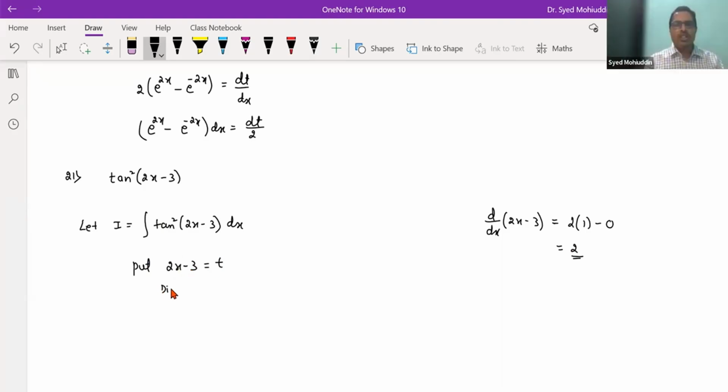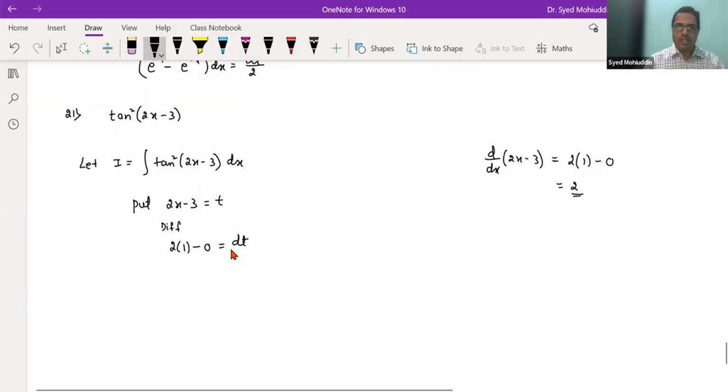Let us try to differentiate this one. 2 into the differentiation of x is 1, minus the constant is 0, equal to dt by dx. Here only 2 is left. But I don't require the 2 here, because I just cross multiply, and dx on the other side becomes dt by 2.